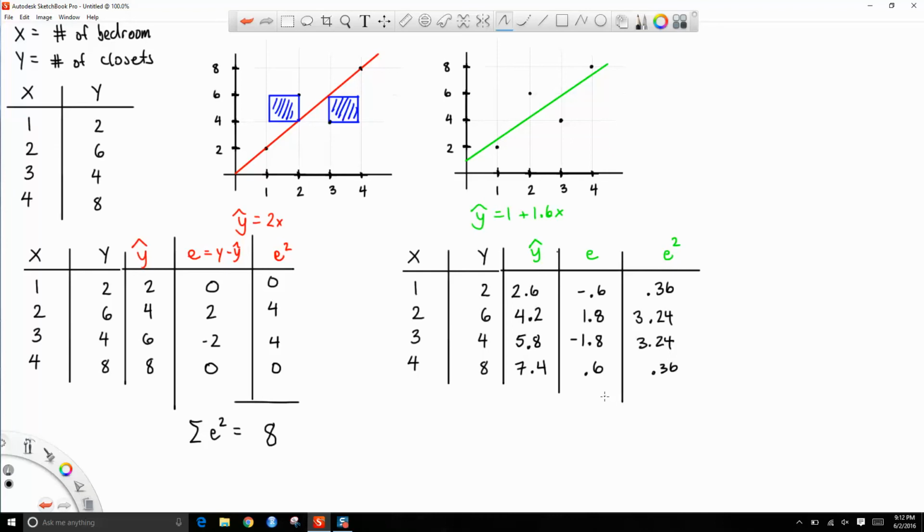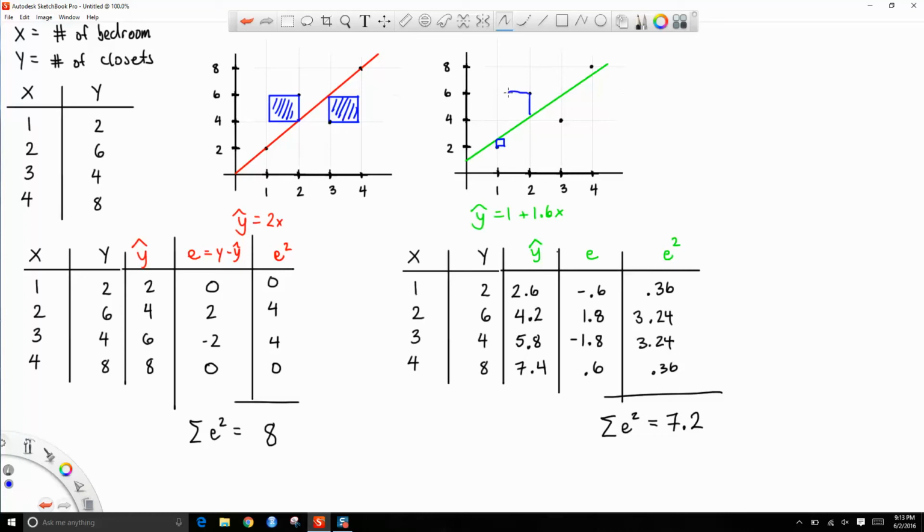And if I add all of these up, I get 7.2. The sum of squared residuals here is 7.2.